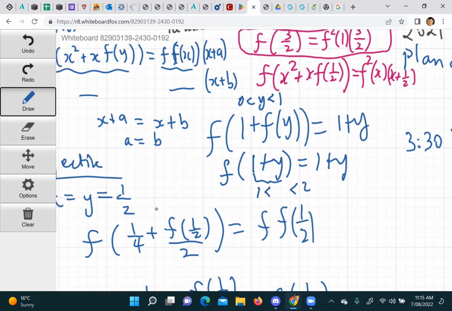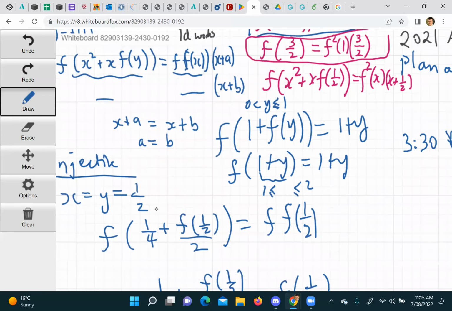And then we'll keep going. We already had it for all the integers, so we can do that, and then every interval. It's actually such a neat problem.